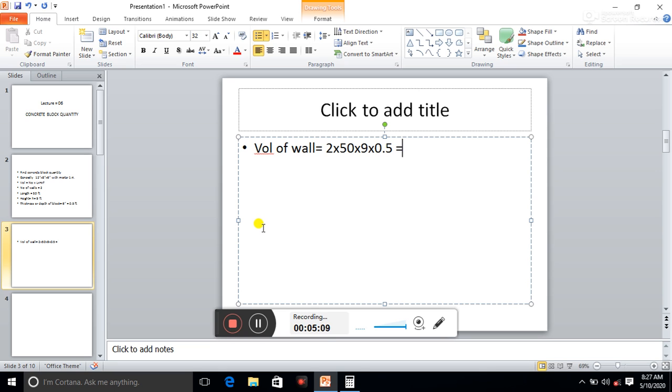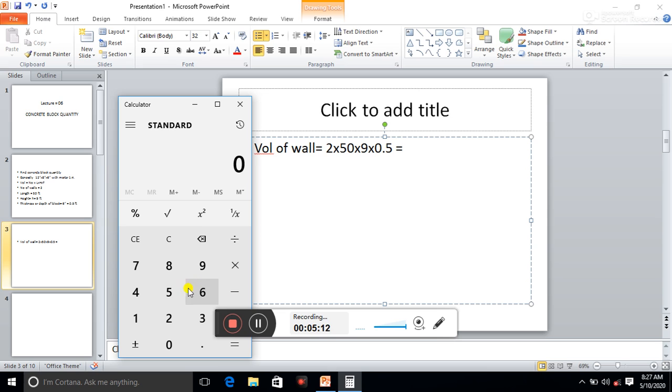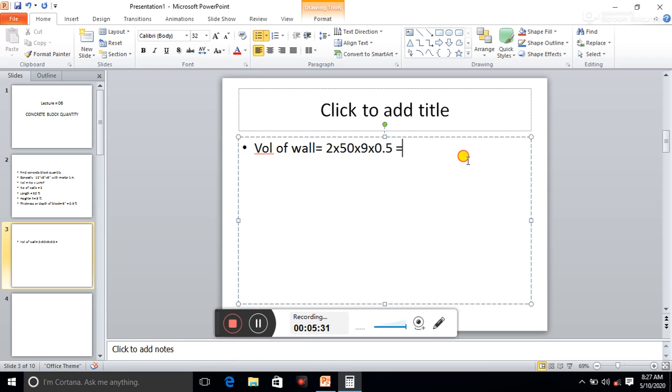It will give 50 multiplied by 2 multiplied by 9 multiplied by 0.5, which will give 450 cubic feet. 450 cubic feet is the volume of wall.